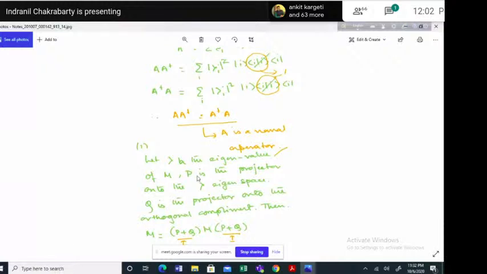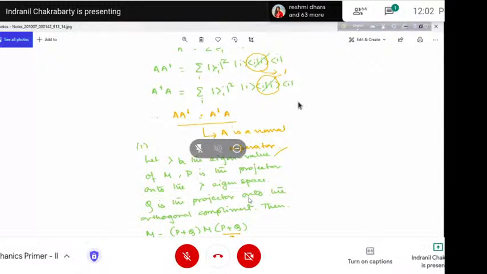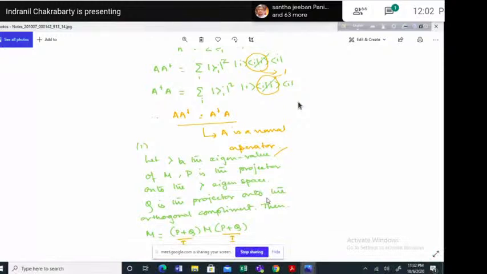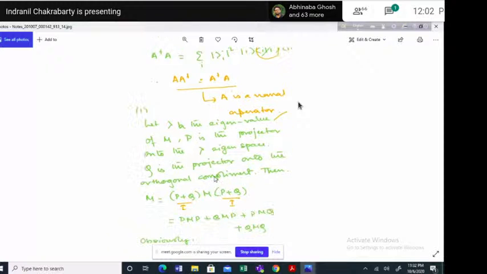Q is the projector onto the orthogonal complement. So P plus Q is equal to the identity. Q is the projector which will project into the orthogonal complement.